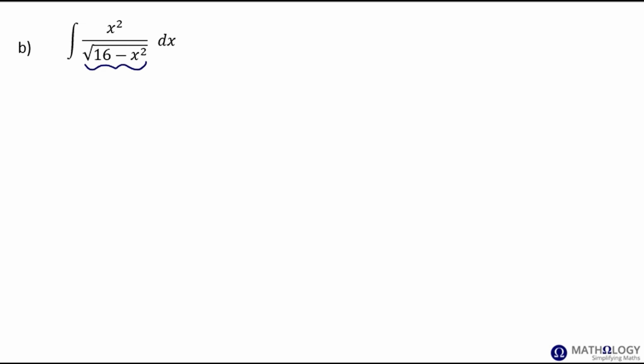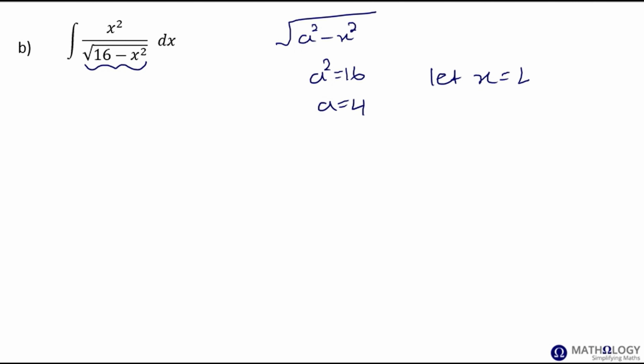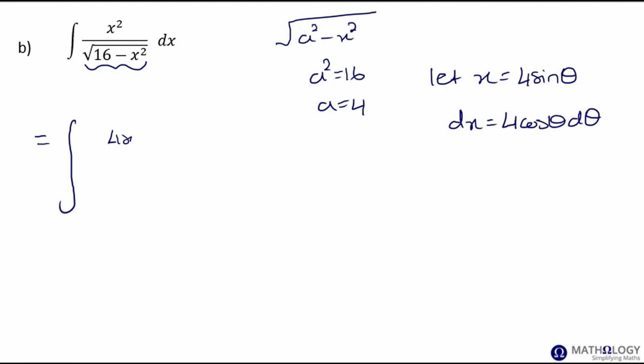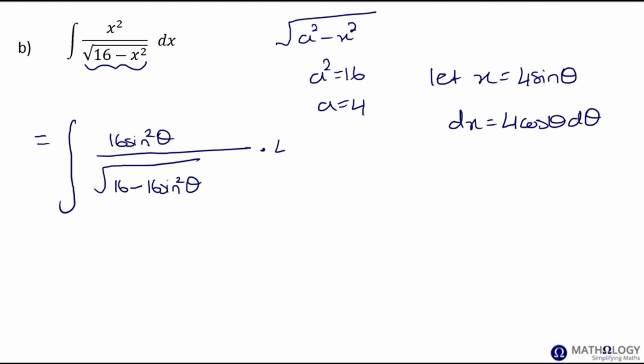Okay, the denominator, so we are going to let x equal 4 sine theta. Whilst the integral x squared will be 4 sine theta squared, which we're just going to write as 16 sine squared theta, over the square root of 16 minus 16 sine squared theta, times dx, which is 4 cos theta d theta.